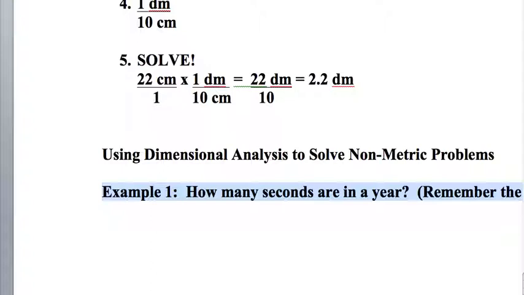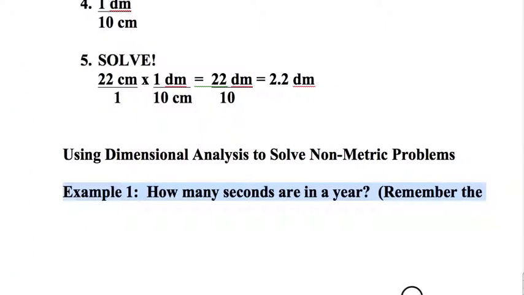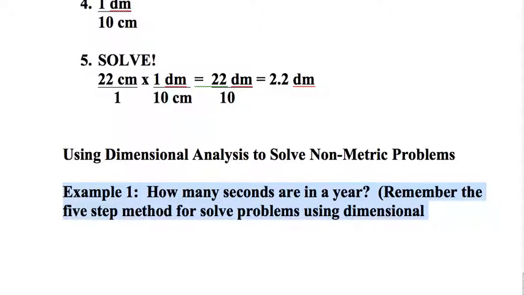So we want to start by looking at how many seconds are in a year. And we are going to, of course, again use this happy 5-step method to solve dimensional analysis questions. So the first thing we have to think about is, what are we actually trying to figure out? We know that we're starting with 1 year, and we want to convert that into seconds.